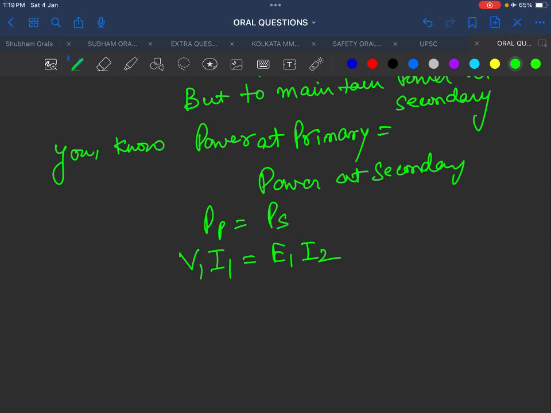So let's suppose here voltage V1 is 220 volt, and current will be, let's suppose, 5 amps. And E2, this is for the secondary. So here you reduce E2 up to 24 volt. So here power has to always be constant.